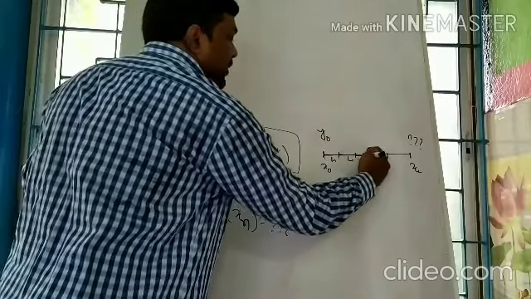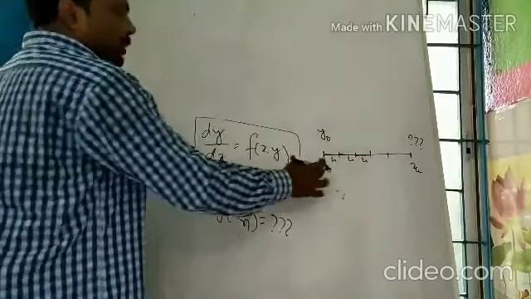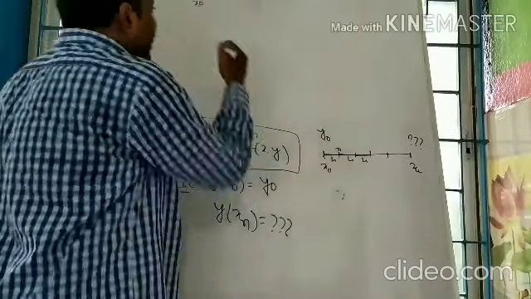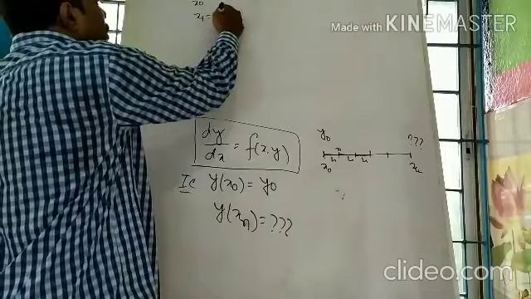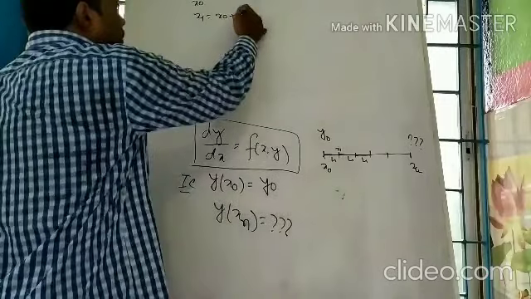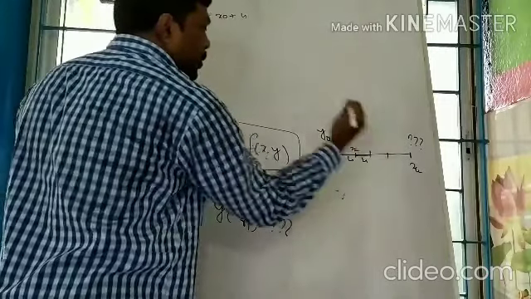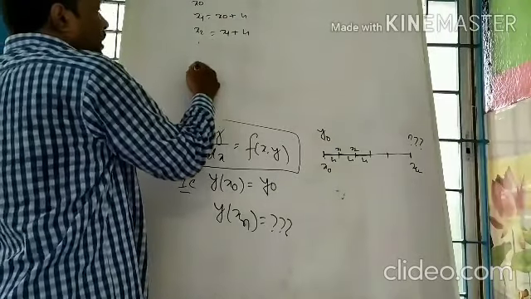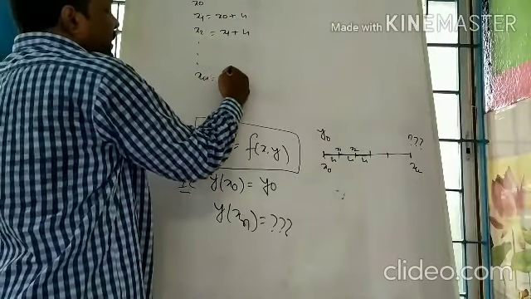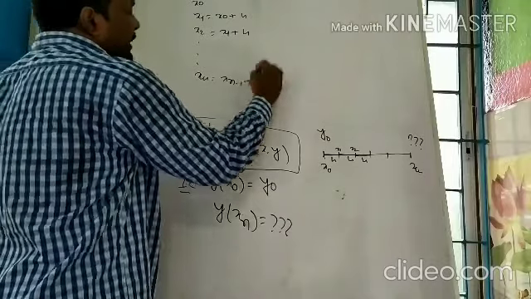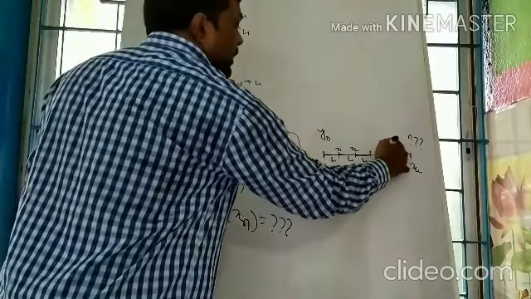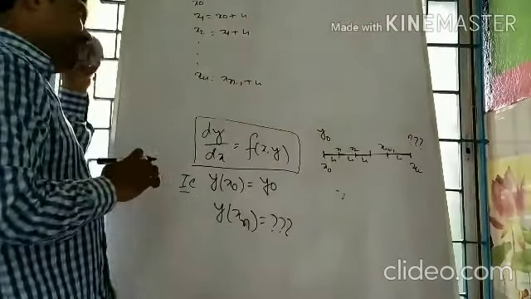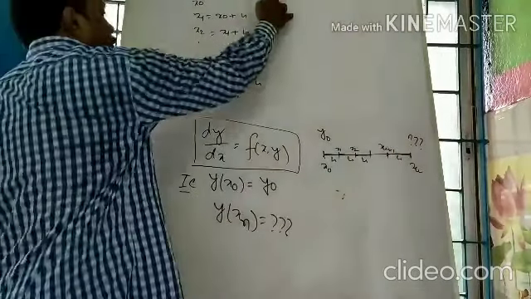So the nodes are: first node x0, next node x1 equals x0 plus the step length h, next node x2 equals x1 plus h, and the last node xn equals xn minus 1 plus h. These are the nodes.